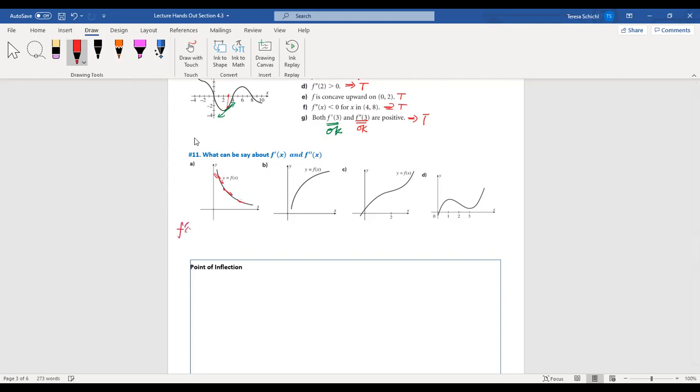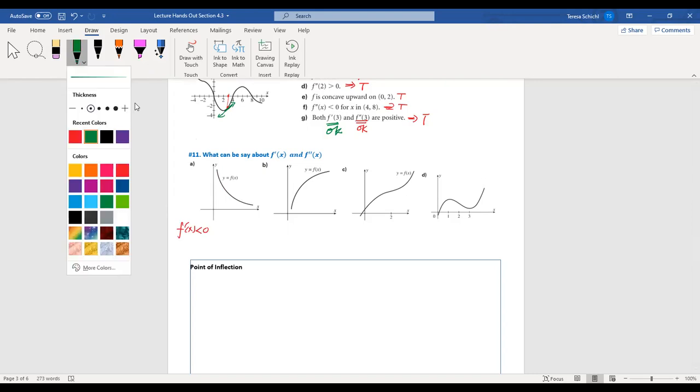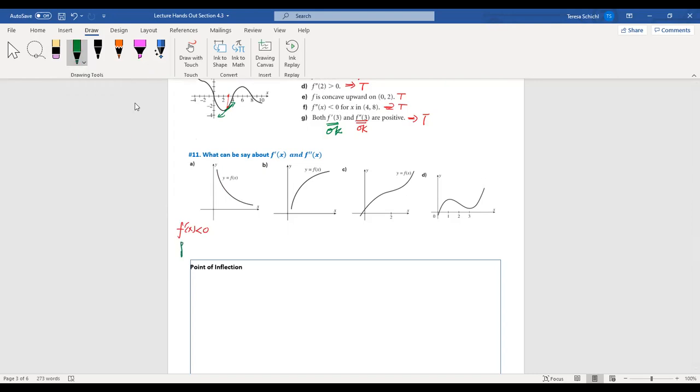So f prime of x has to be less than 0, just like what we talked about before, because this is a decreasing function. So f prime is less than 0. Okay, how about f double prime here? This is concave what? Concave up, right? Because this function is all on top of your tangent line.